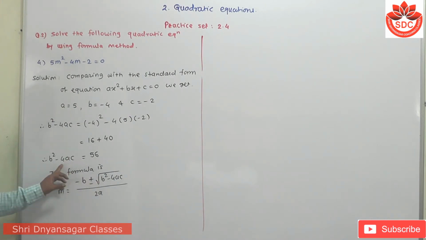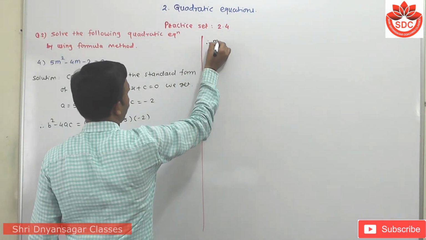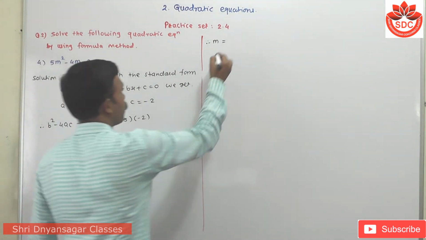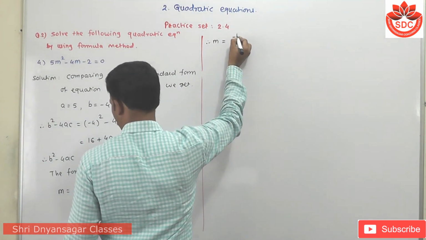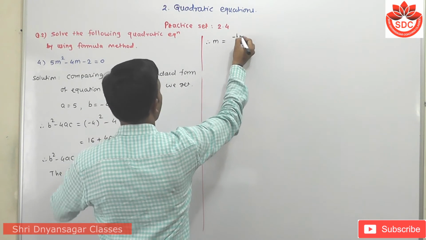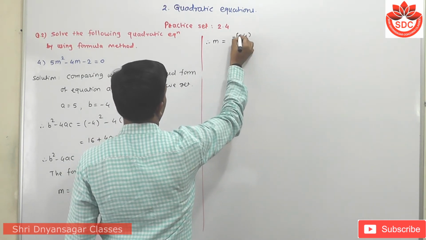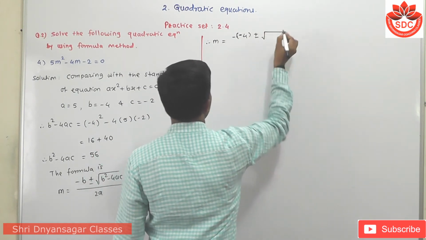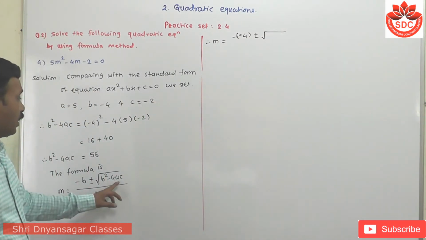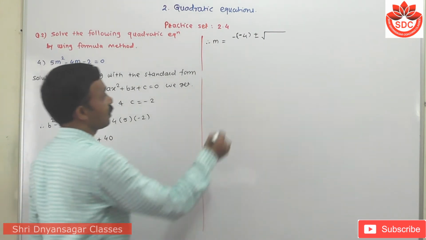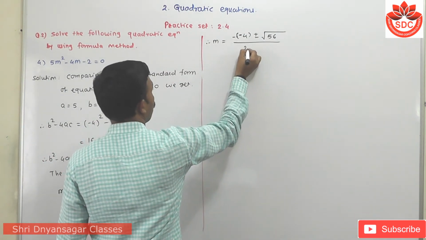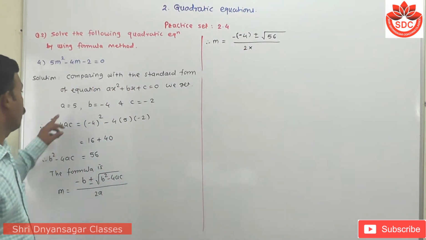Student, we substitute the value of b square minus 4ac and a and b here. We get the variable m is equal to minus b. The value of minus b is how much? Minus 4. Again I will write in bracket, plus minus under root of b square minus 4ac, which is 56, upon 2 into a, which is how much? 5.